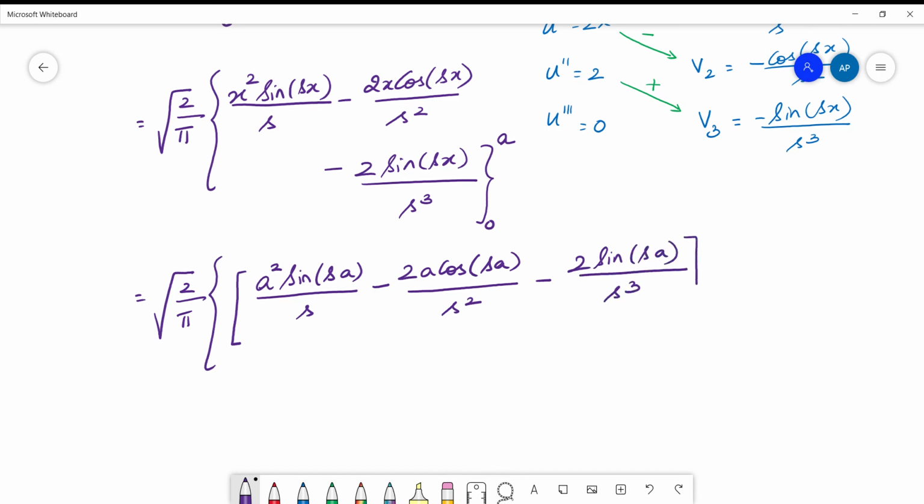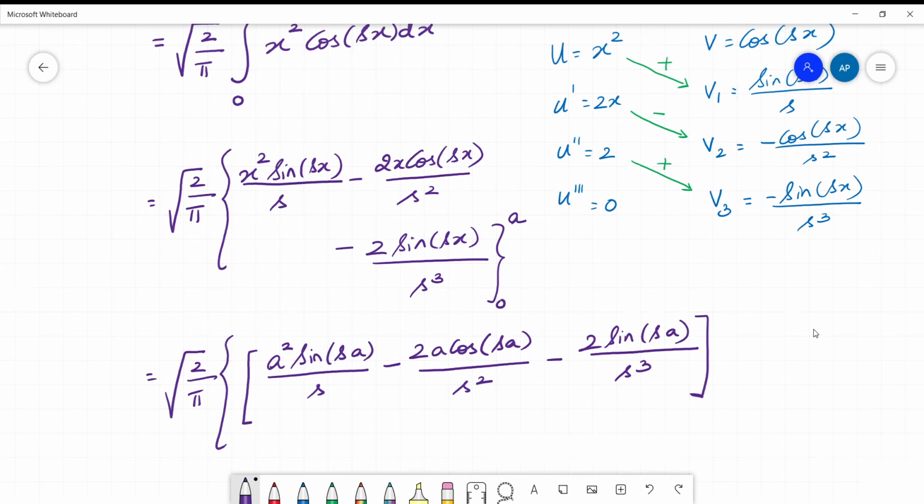Now look at the lower limit. The lower limit here becomes, the second term is a plus sign. Because of minus into minus, there's a minus here, there's a minus here, so it's a plus sign. So this becomes a plus, this becomes a plus. The third term is of course a minus.